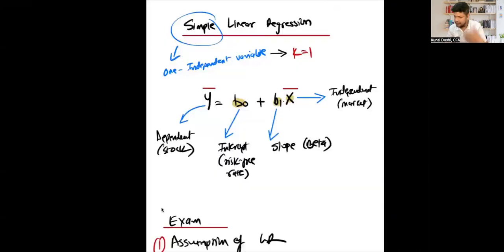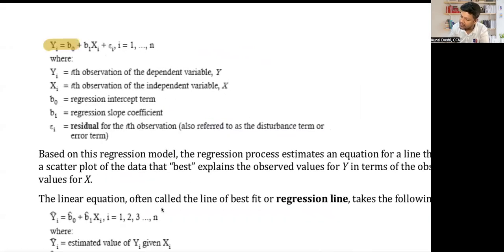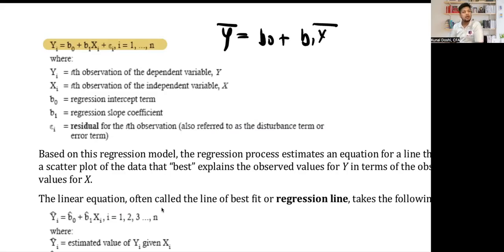Now, this is just for your reference. What we did in the equation is this. Check this out. Y is dependent on X. X is the market times the sensitivity plus the B0.